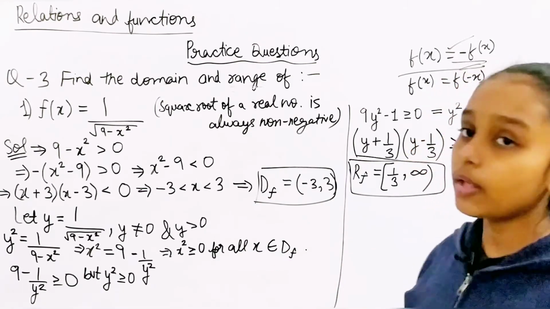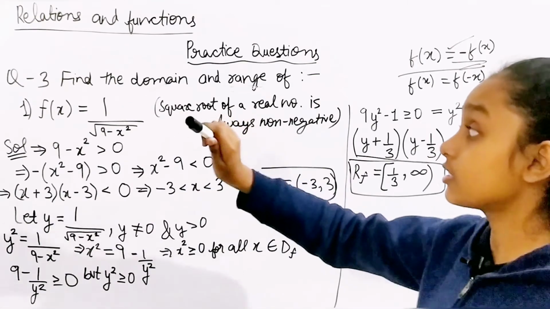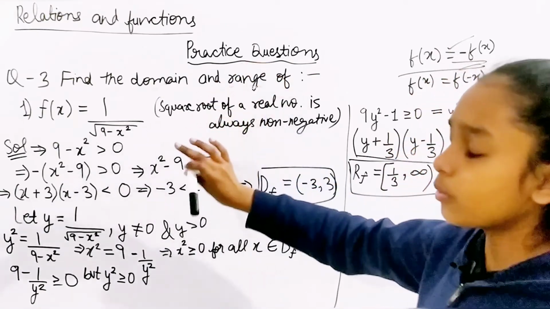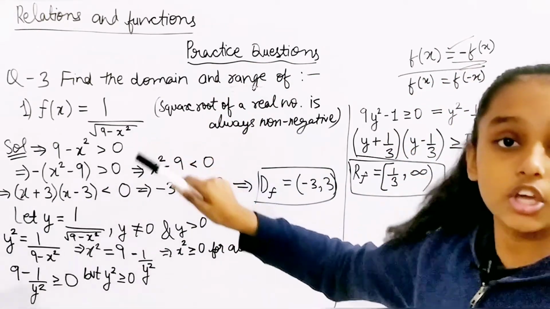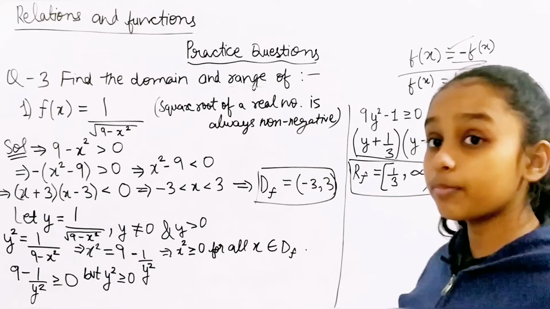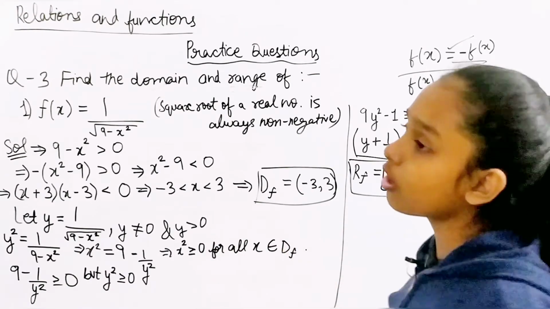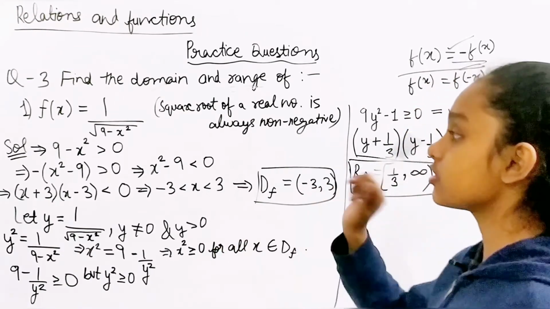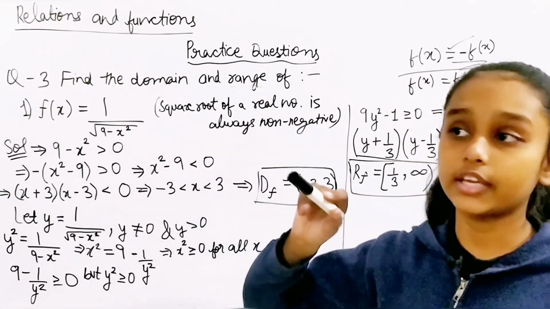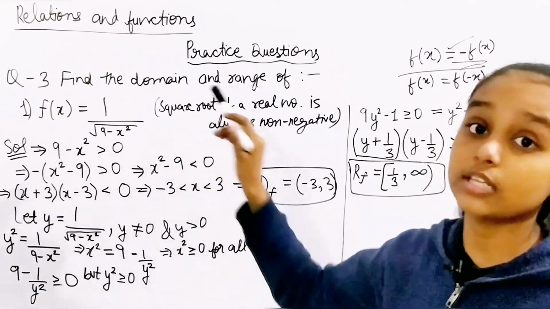One thing to remember for the domain: it's going to be the denominator, okay? The denominator is going to be greater than 0. It's 9 minus x squared, according to this question, and 9 minus x squared is not equal to 0.